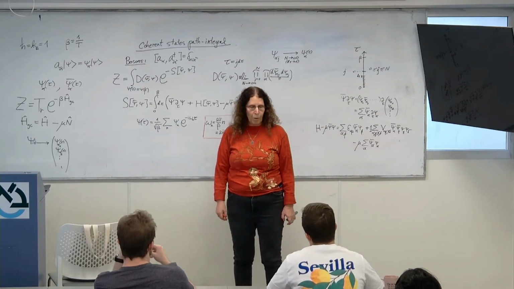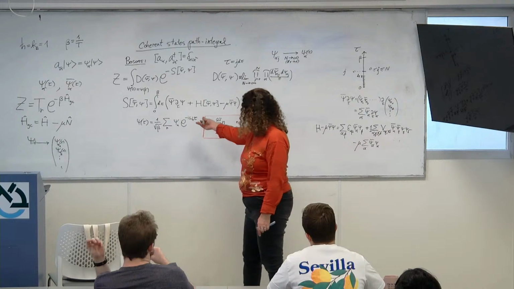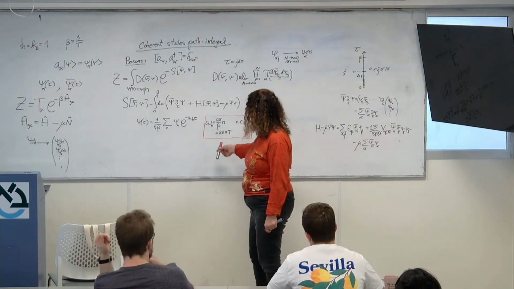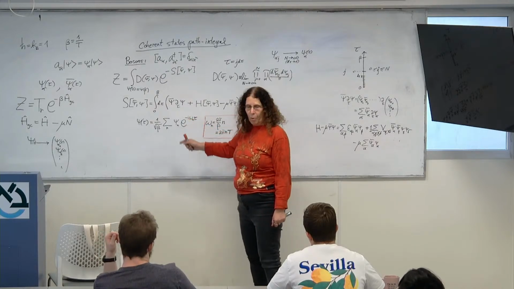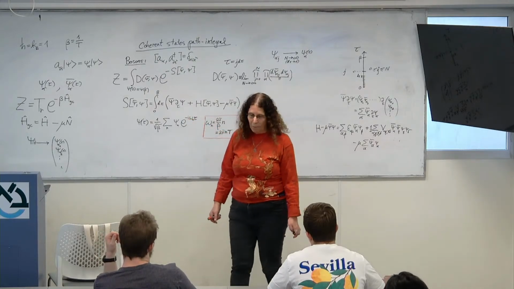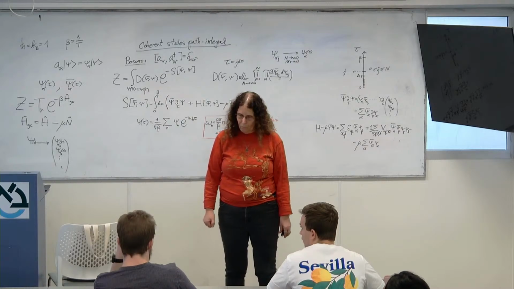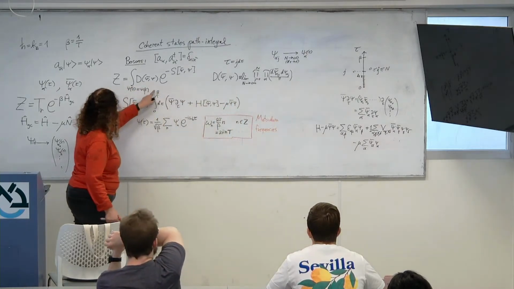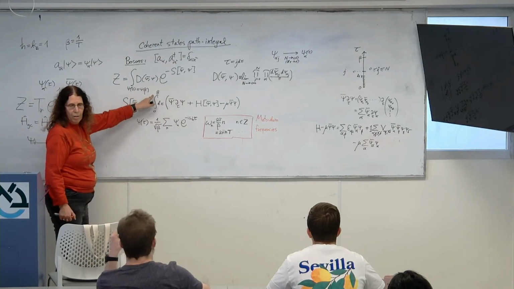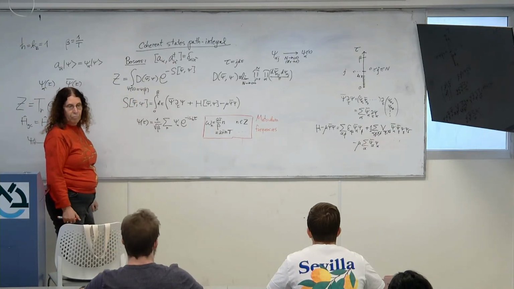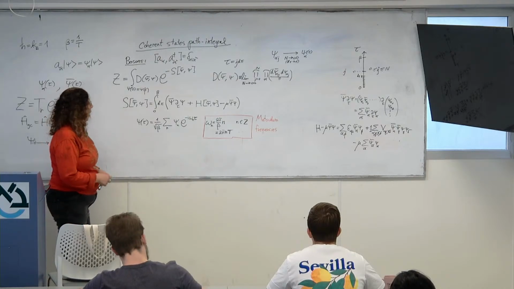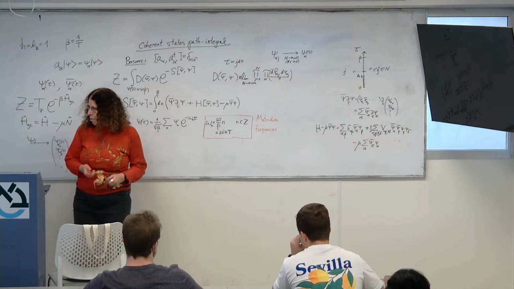You can easily see that when you substitute tau equals 0 and tau equals beta, you get the same thing. So the periodicity comes from the periodic boundary conditions. Very important.